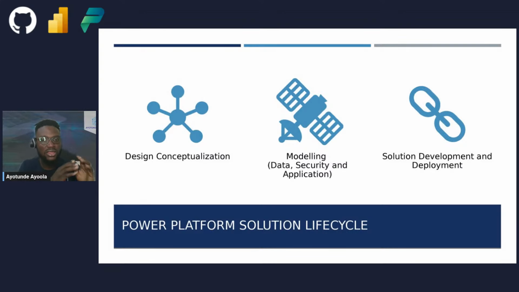When you are done with that, then we get to the point of solution development and deployment. When you develop the solution, build the app interface with Canvas app, write automations with Power Automate and the likes. When you're done, the customer says it's time to have the solution in our production environment so that we can engage with it. Then we talk about deployment.